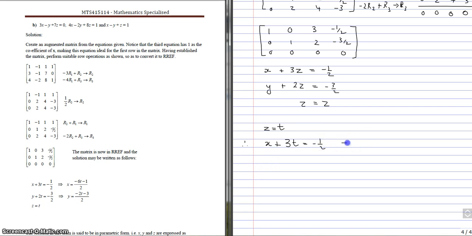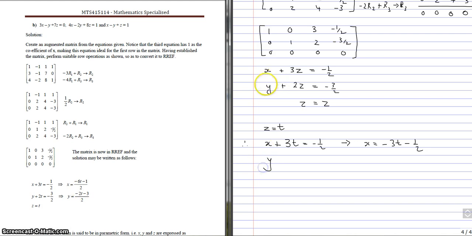And then if we were to rearrange that so that we have an expression for x, x equals negative 3t minus 1/2, or we can put it as a single fraction, which is shown over here. That's equivalent to negative 6t minus 1 all over 2.